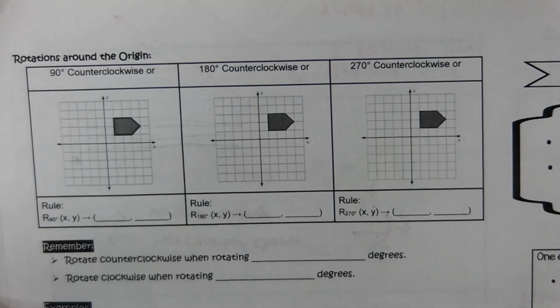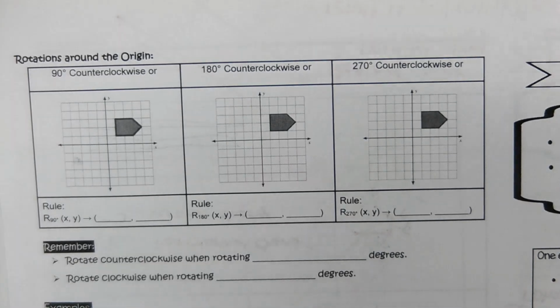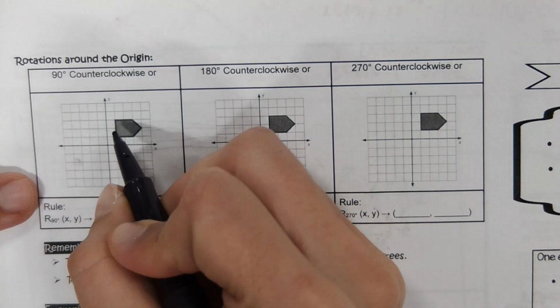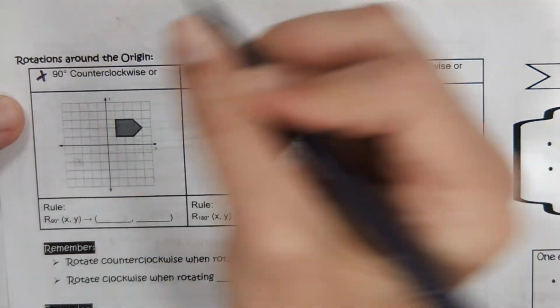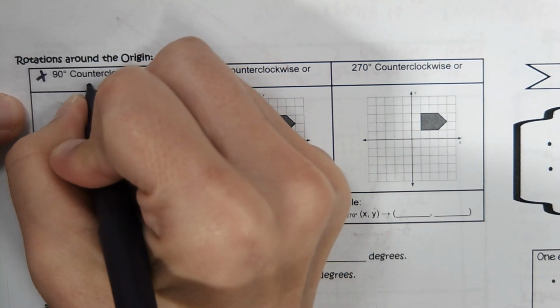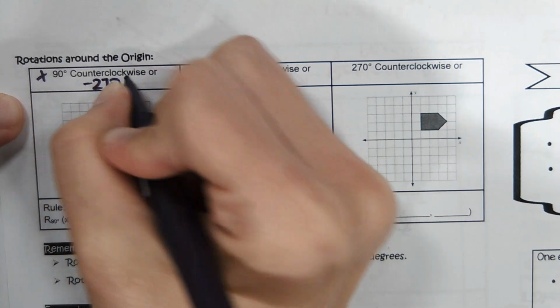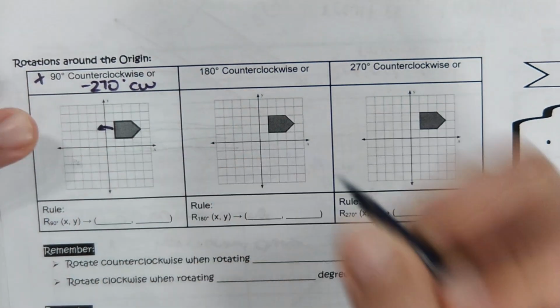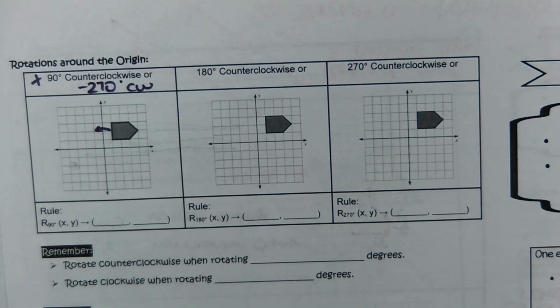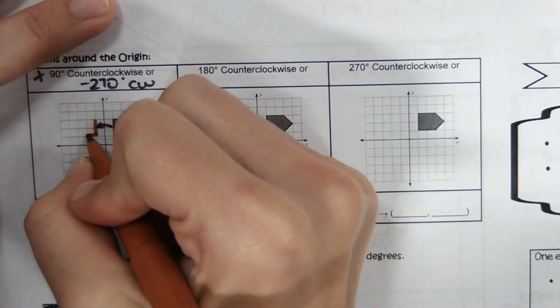Okay, so on the back here, just continuing to build the concepts. Here, it wants us to rotate this shape 90 degrees counterclockwise. So that would be a positive 90-degree rotation, or that's the same as a negative 270-degree rotation clockwise. So it's one turn this way. So when you rotate that 90 degrees, it lands right here.